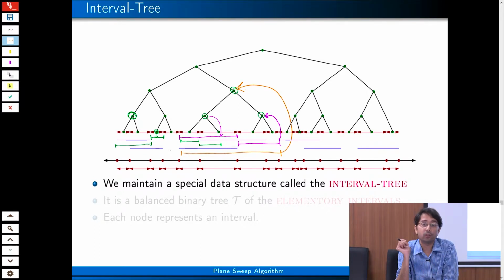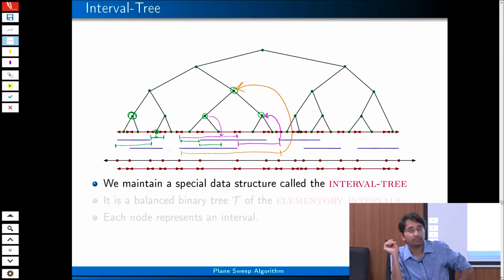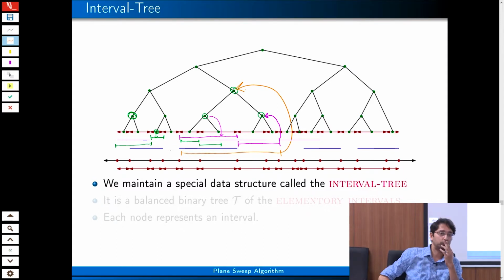This is the interval corresponding to this node. So, what we have started with is a set of intervals. From that we got 2n endpoints.